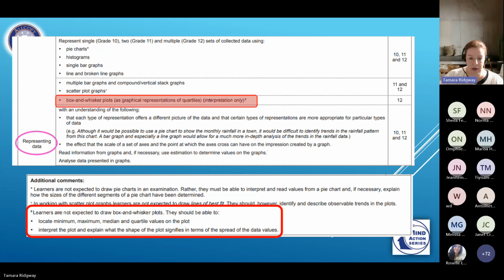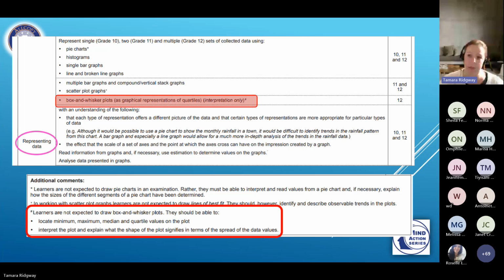The red square here at the bottom of the screen: learners are not expected to draw box and whisker plots. However, they should be able to locate the minimum, the maximum, the median, and the quartile values on the plot. Now, if you ask me as a teacher how I will make sure that they know that, for me to know that they really understand a box and whisker, I'm going to get my students to draw one.